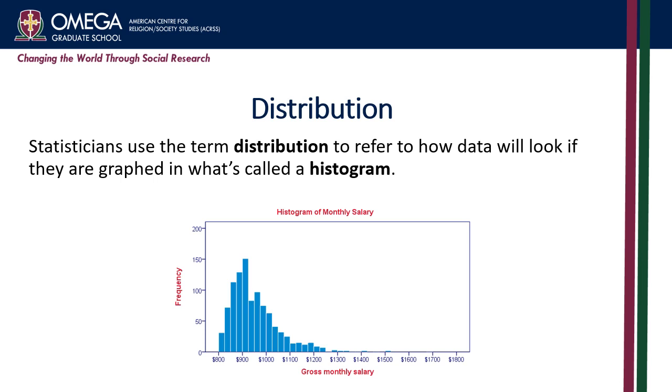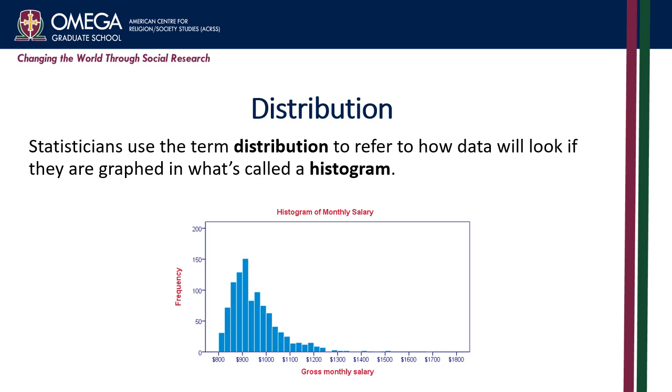In this example, you can see a histogram where the y-axis represents the frequency or the number of people who have a particular salary, and the x-axis going horizontally shows the particular monthly salary for each group of people. It looks like about 25 people make just over $800 a month, and very, very few people make $1,500 a month.